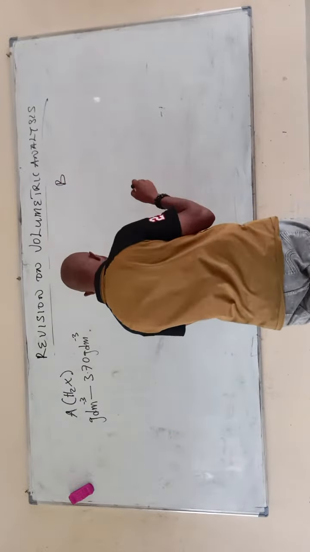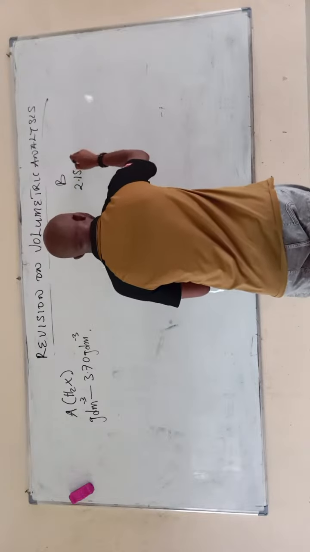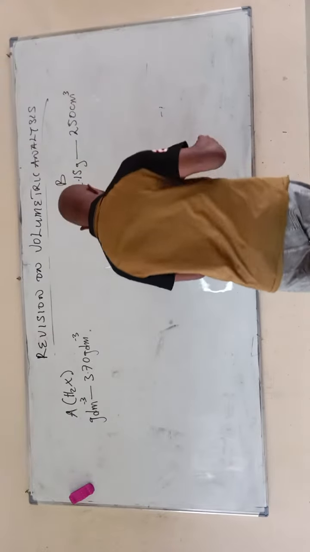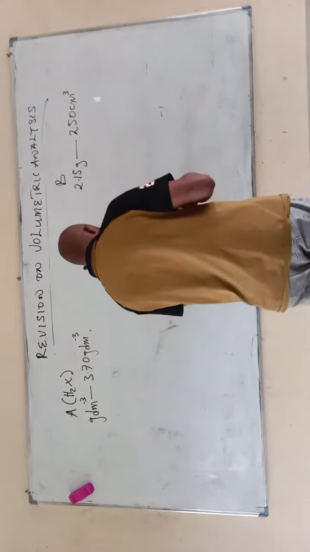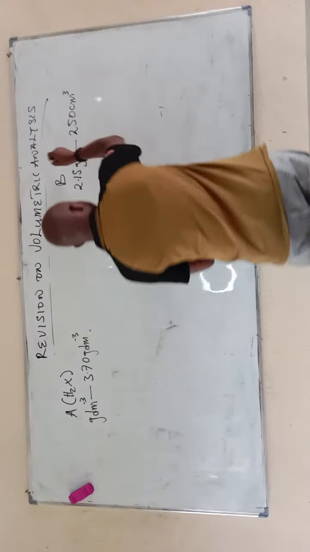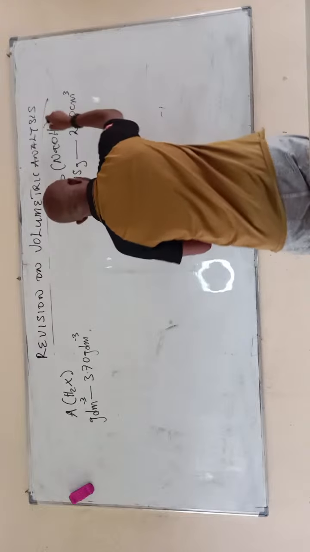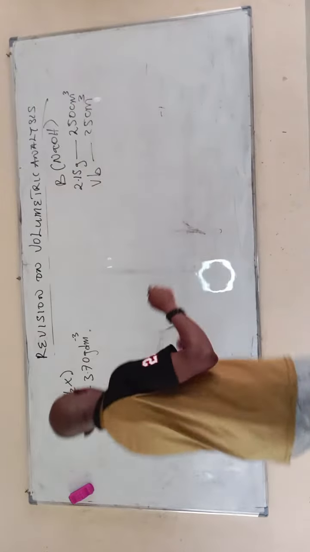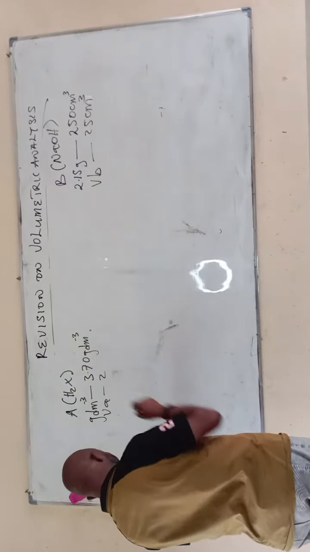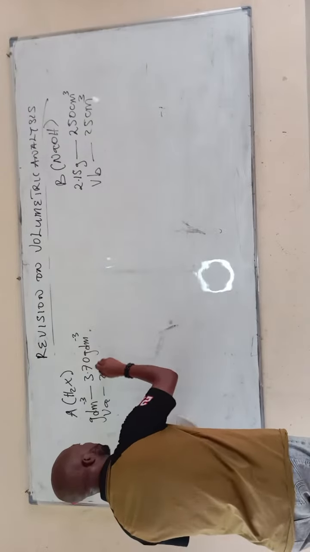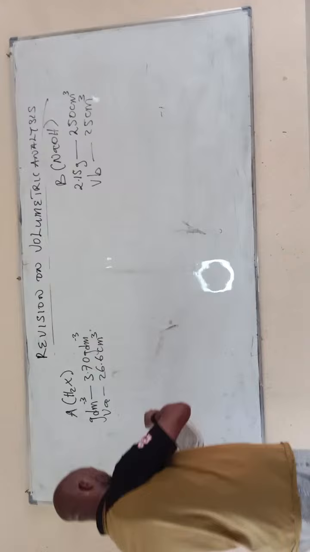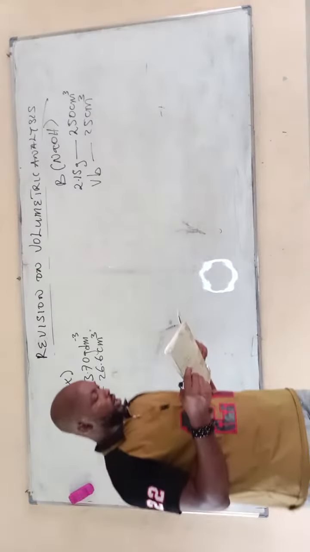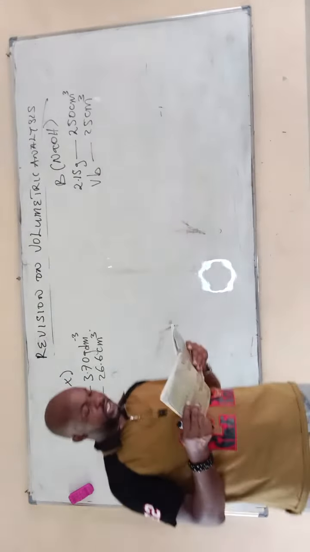B contains 2.15 gram in 250 cm³ of solution. We should put solution of the base, that is NaOH. And when we do that, we have 25 cm³ for the volume of the base, and we have the volume of the acid to be 26.6 cm³. After all of that, we should calculate the concentration of B in mole per dm³.